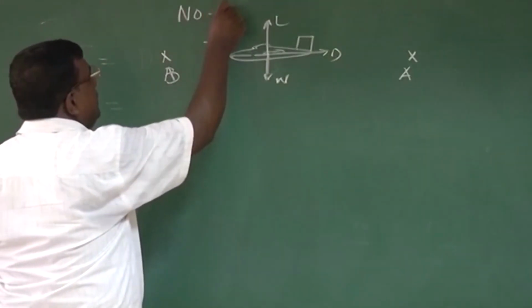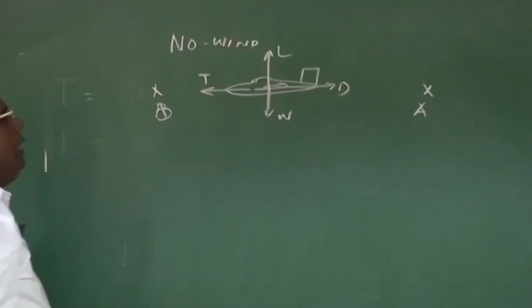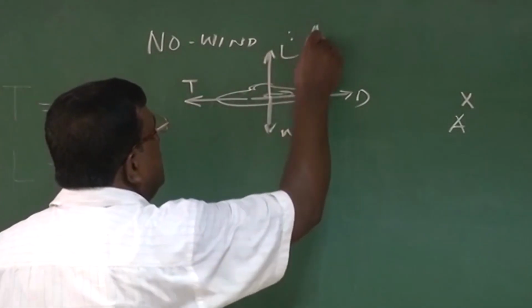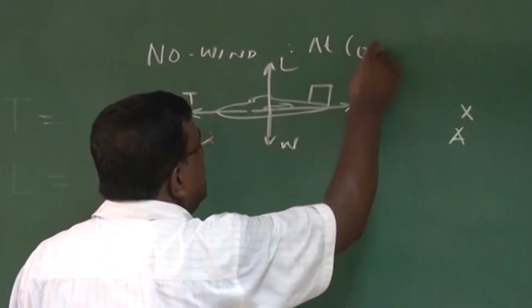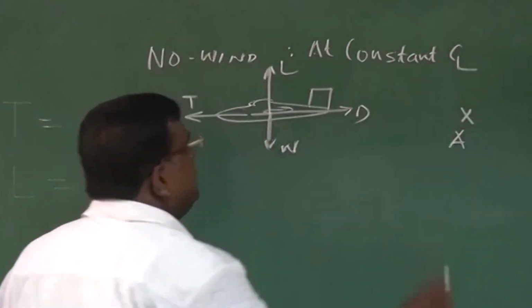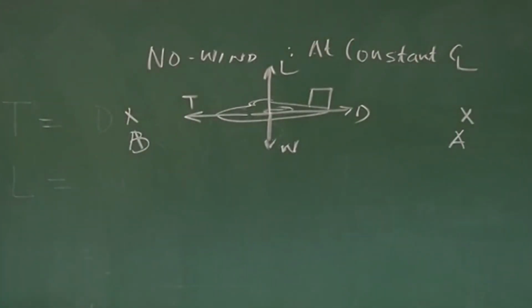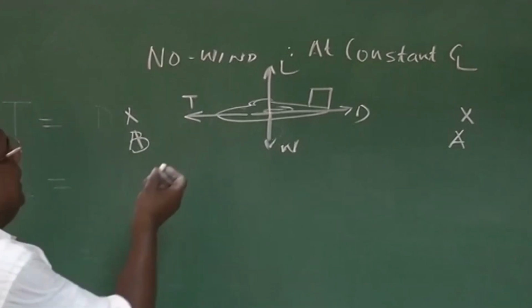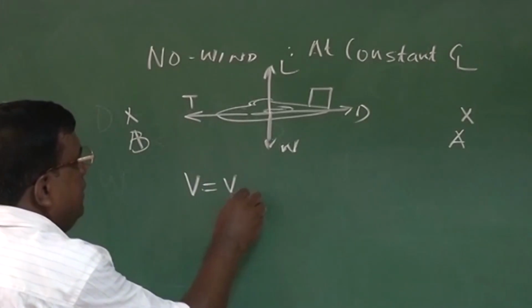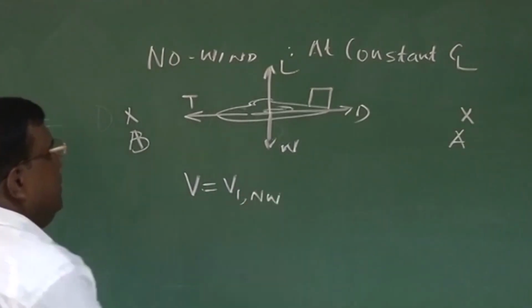No wind. And I also am assuming that I will be flying at a constant CL. So let us say for this configuration the velocity is V1, no wind.